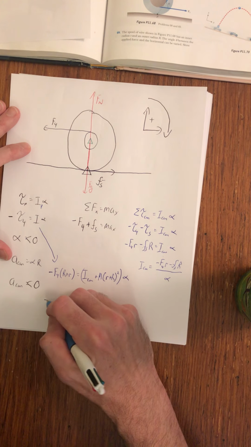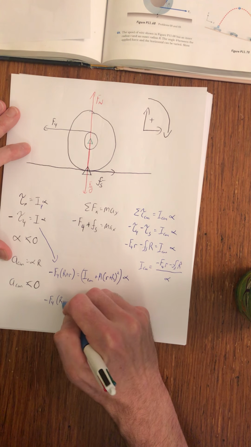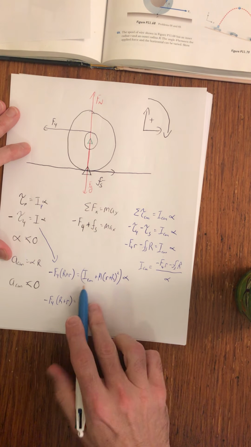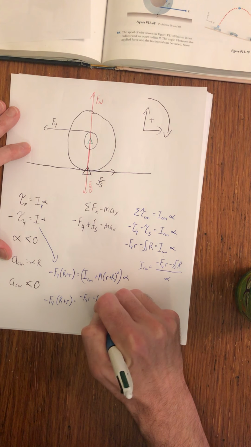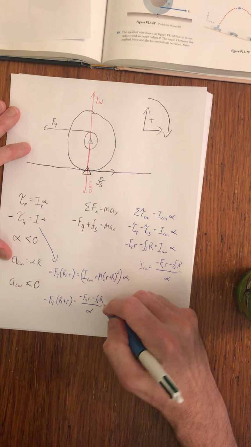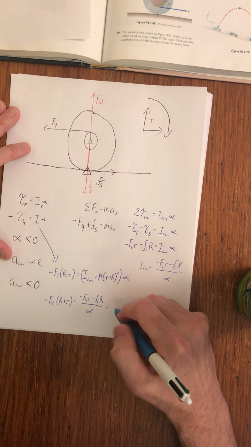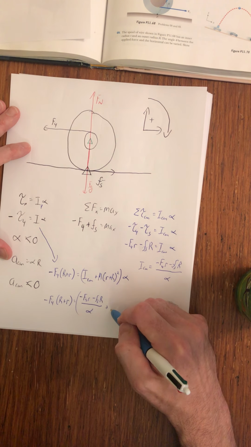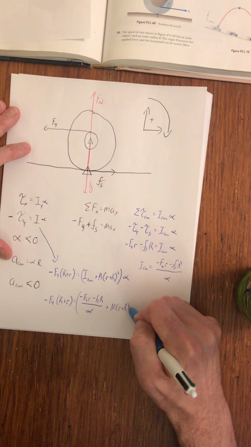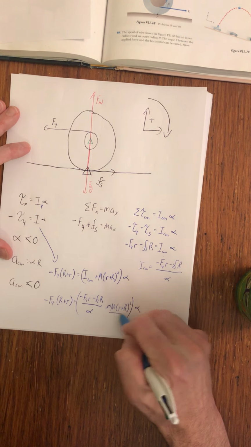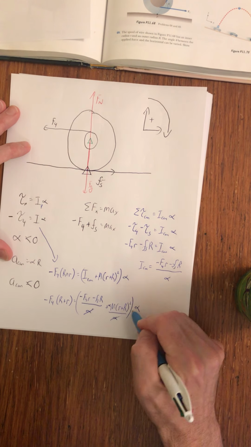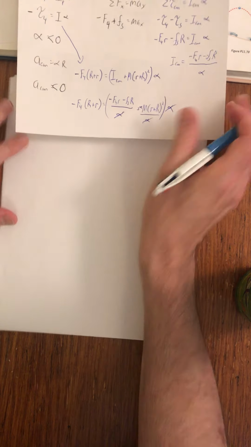Let's plug that in here: negative F4 times big R plus little r equals negative F4 little r minus Fs big R over alpha, plus m times little r plus big R squared, times alpha. If I put an alpha over alpha here, then I can cancel out all the alphas. Let's see what I've got then.